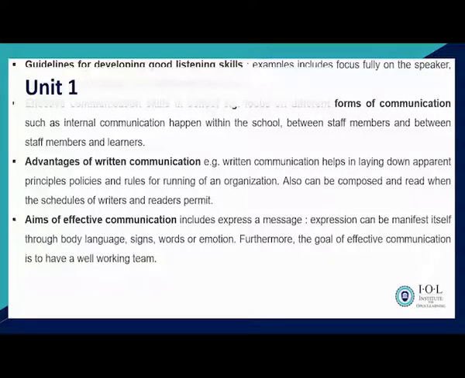Also, it can be composed and read when the schedules of writers and readers permit. You are able to read at your own time, and you are able to look at the information before the communicator tells you, because you already have the printout.